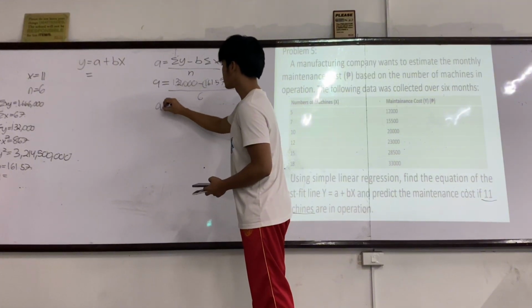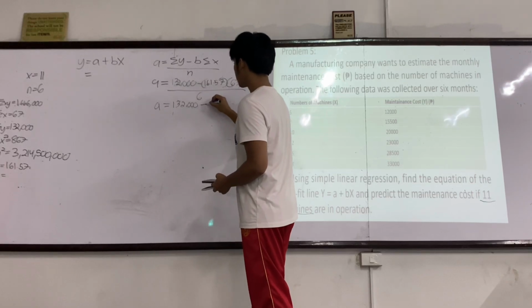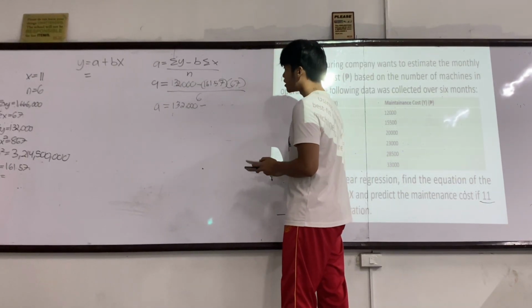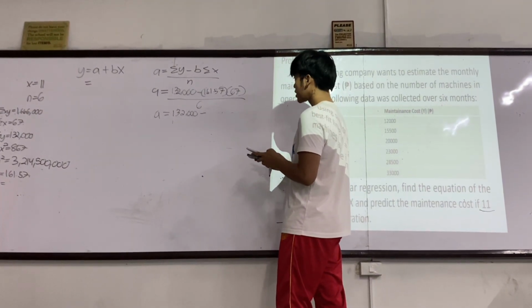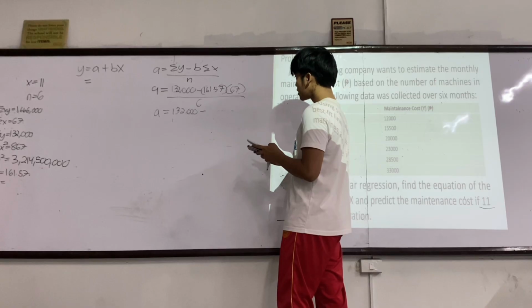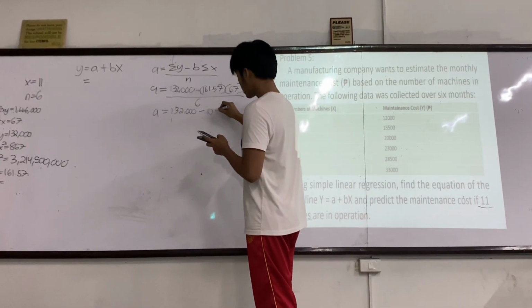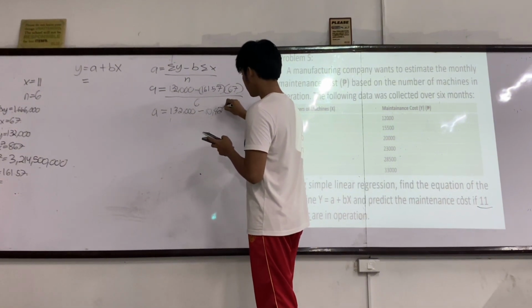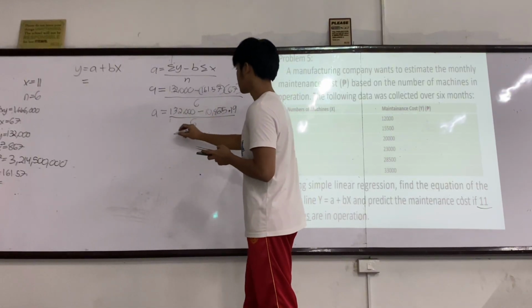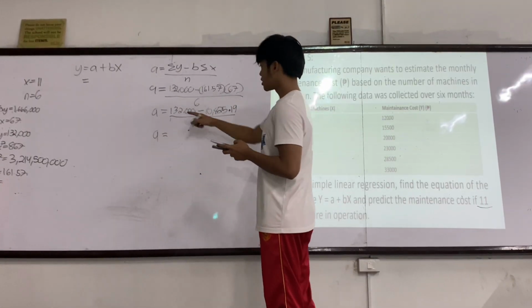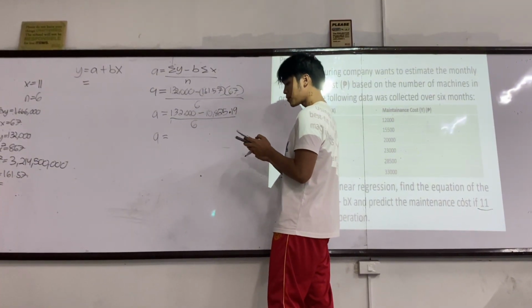So simplify, copy 132,000 minus 161.57 times 67. 161.57 times 67. The value is 10,825.19 over 6. 132,000 minus 10,825.19.